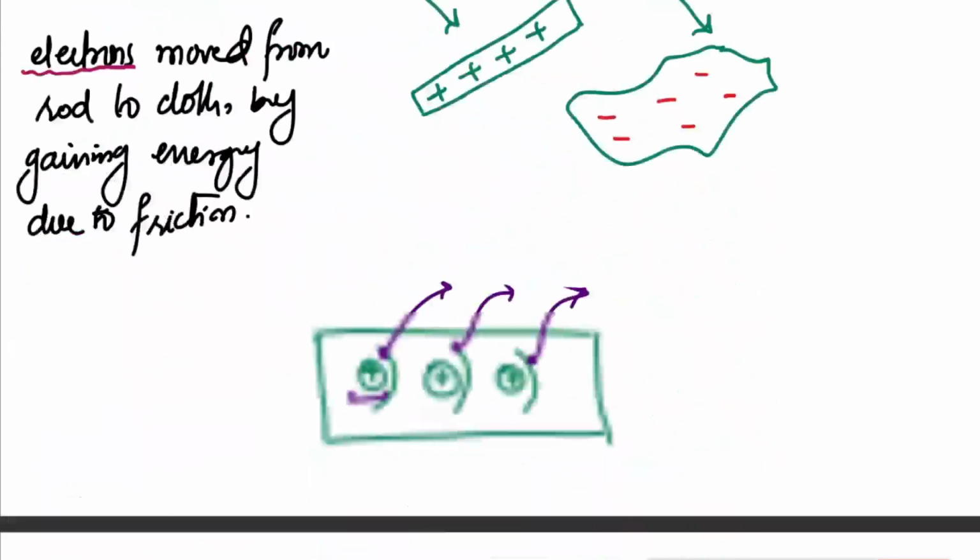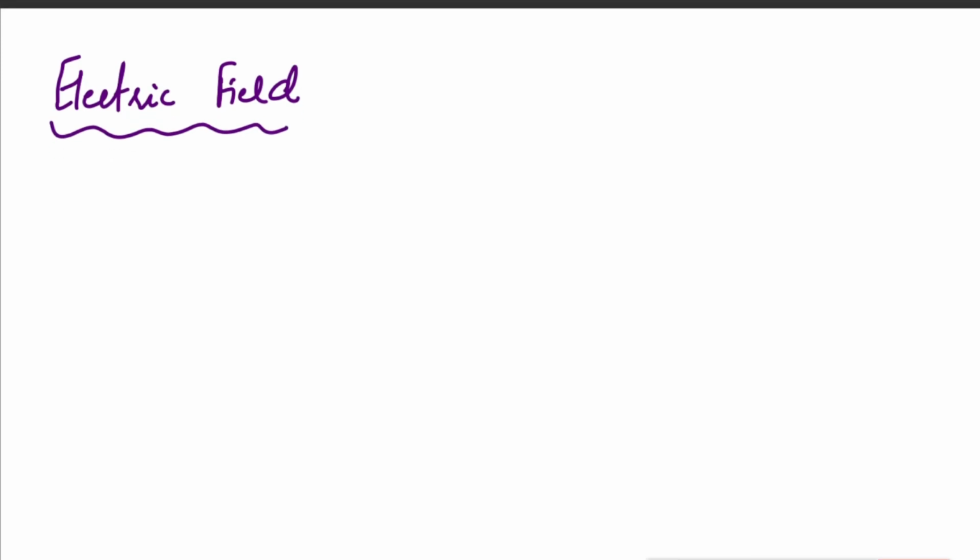Okay, so the next topic, this is what we've done for charging by friction. Then we have electric field. So in electric field, we have to assume that this is a positive charge and this is a negative charge. What is the electric field going to look like?